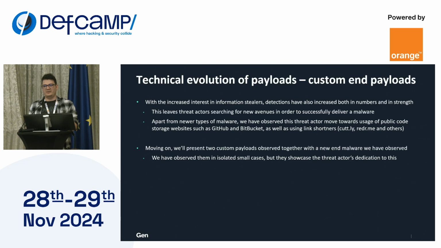For ClearFake, we've seen some attempts to create custom malware, which we'll discuss going further. They also move towards using link shorteners like Cutt.ly, Rebrand.ly, and also public code storage websites such as GitHub, GitLab, Bitbucket, as we've seen in the previous example as well.